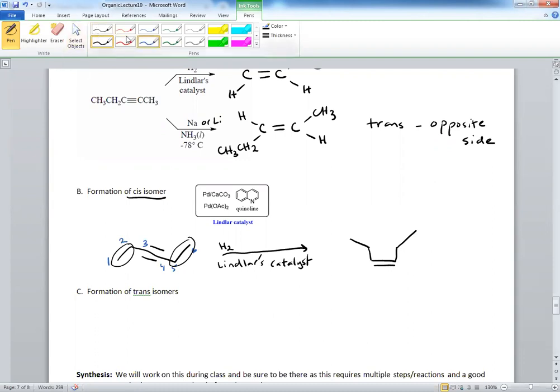And watch. So you have 1, 2, 3, 4, 5, and 6. Remember the E and the Z? So you have a double bond right there, and then you put both groups, again, either up, just like that, or you can put them both down.